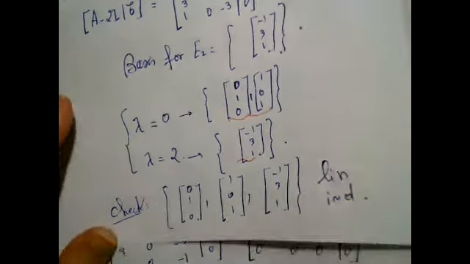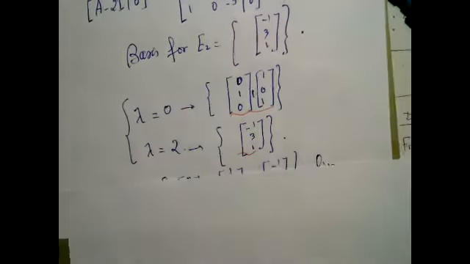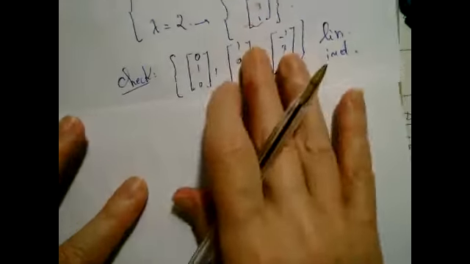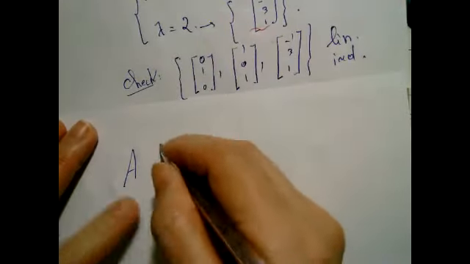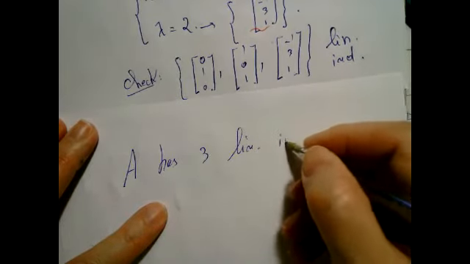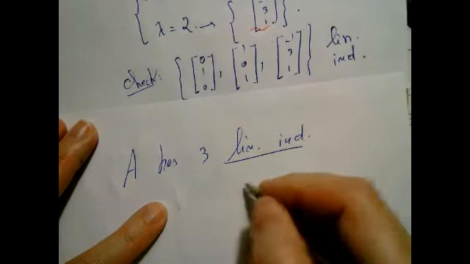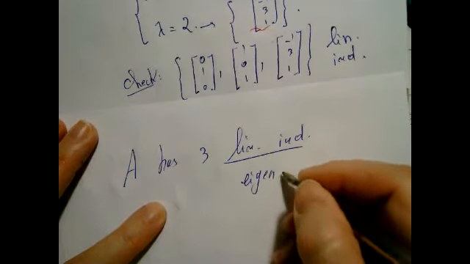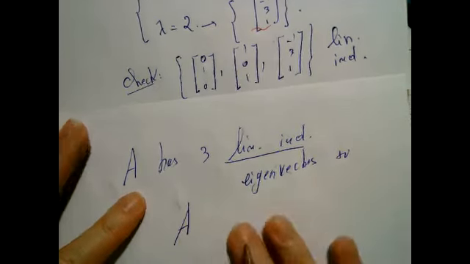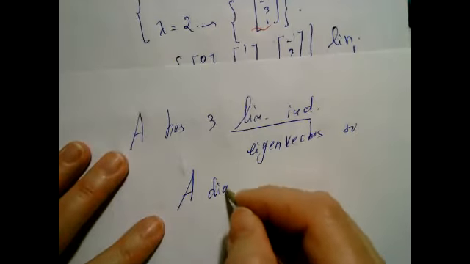So now the criterion is satisfied. They are linearly independent. It means my matrix A has a basis of eigenvectors. It means A has 3 linearly independent eigenvectors. So A is absolutely diagonalizable.